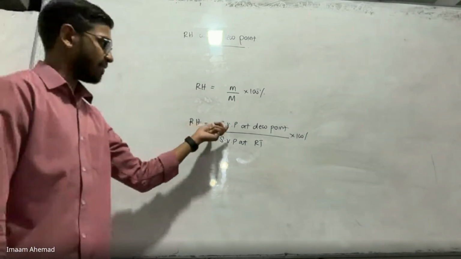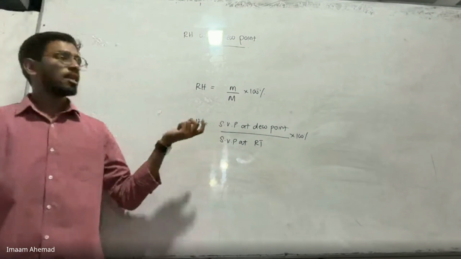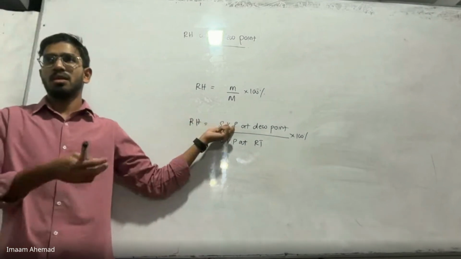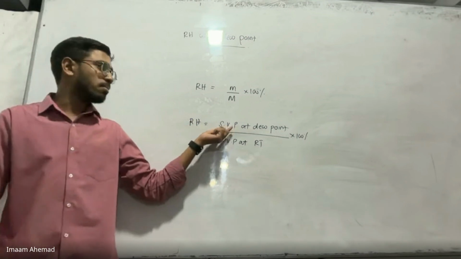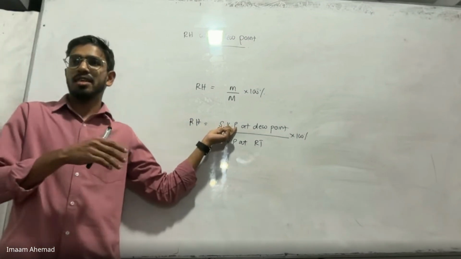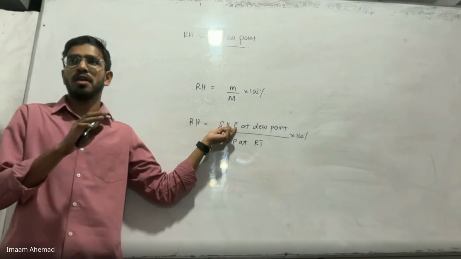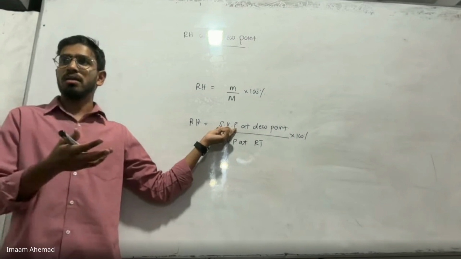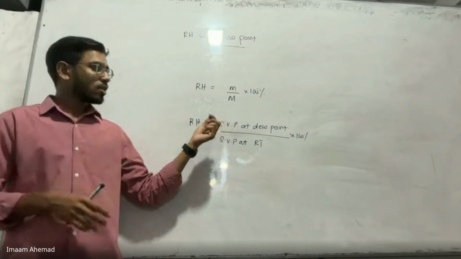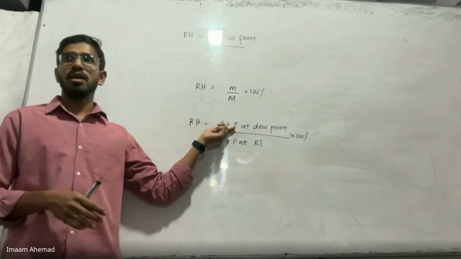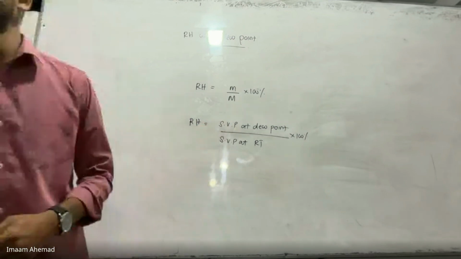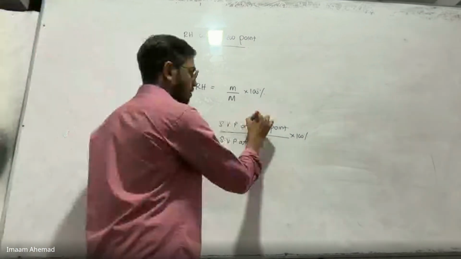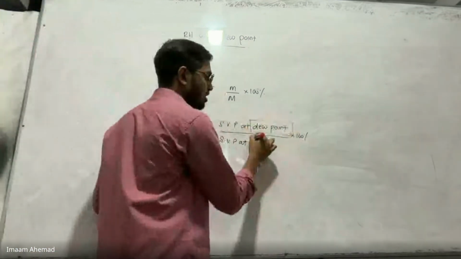We have an SVP chart, a general chart in the laboratory. So this part you don't need to worry about because there's a chart. But to find the SVP, we need to know the dew point temperature and the room temperature.